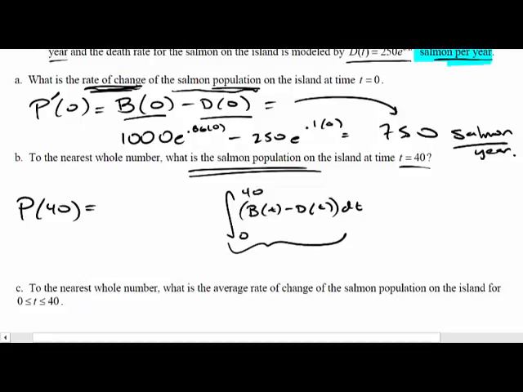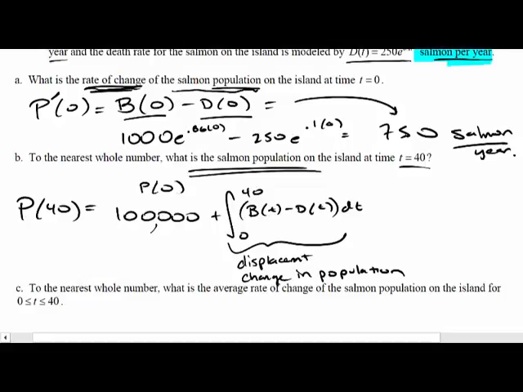Now this only really tells me the displacement, or the change in population. So what do I need to do? I need to add how many salmon were on the island at the very beginning, which was p of 0.